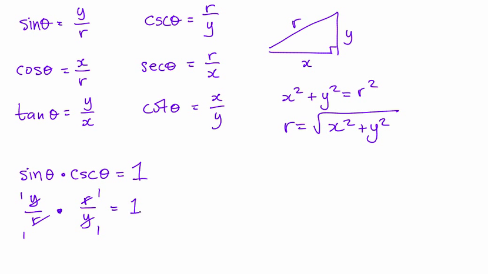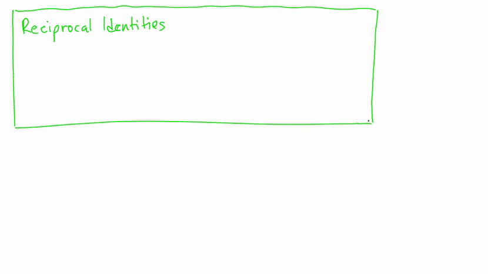So there are 3 identities that we will be using that might seem a little bit obvious. We've kind of already used them. They're known as the reciprocal identities, so let's state those. And I'll put them in a box.